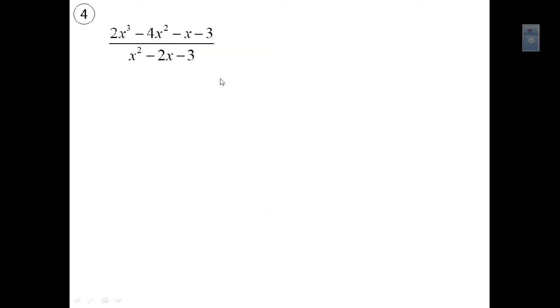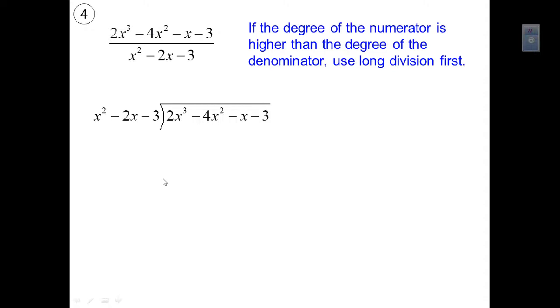All right, now with this one, the thing you need to notice, and that should set your spidey sense off, is that the greatest degree on top is larger than the greatest degree on bottom. The first thing you need to do is divide. If the top is a greater degree than the bottom, the first thing you do is divide, because that is actually a way of reducing the problem.